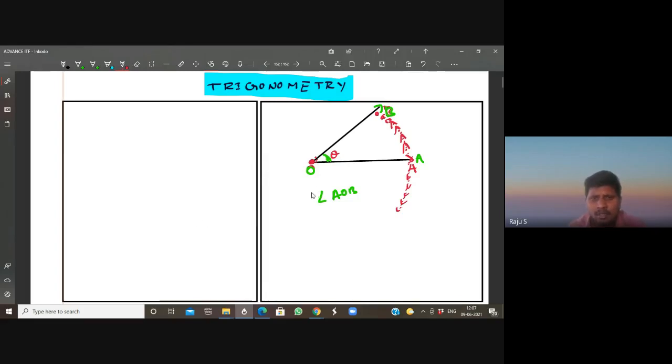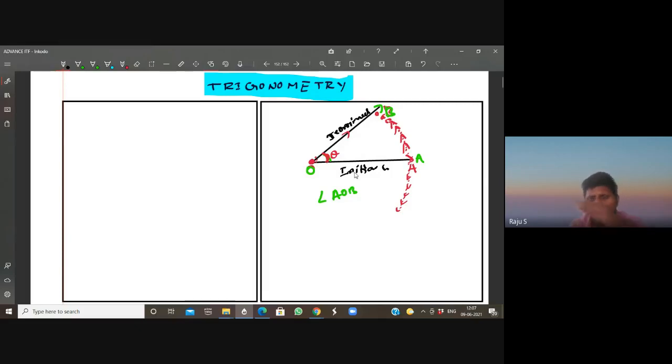Then the amount of rotation from the initial side to OB, this is called the terminal side. So initial side, this is terminal side. Remember that OA is always the initial side.